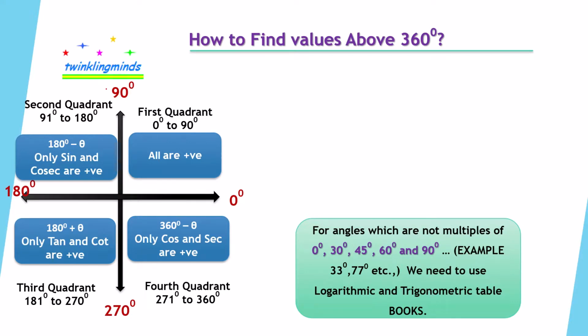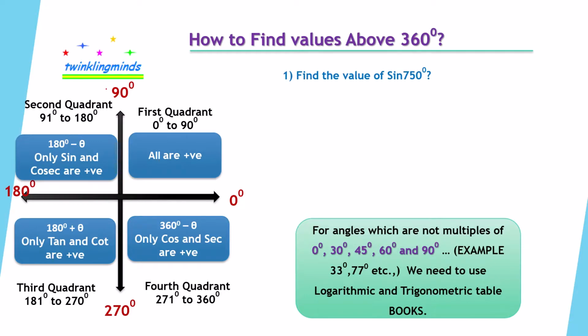We have books available which consist of both log as well as trigonometric tables, and we can refer to these tables to find the values of the angles which are not multiples of these 5 angles which we have discussed so far.